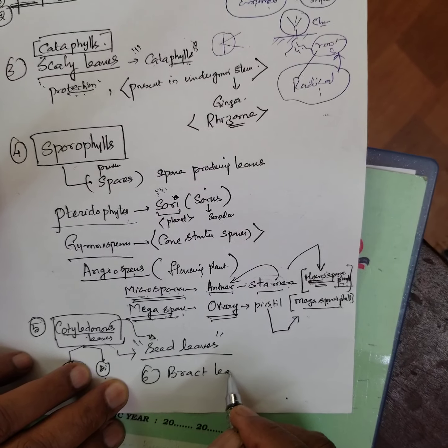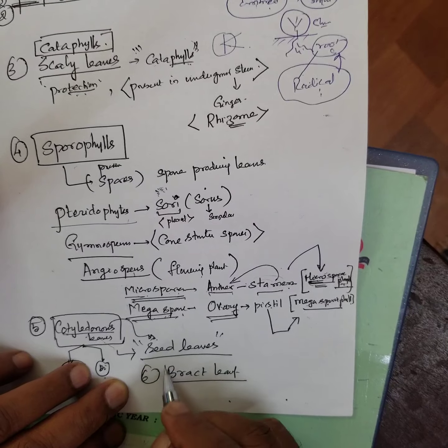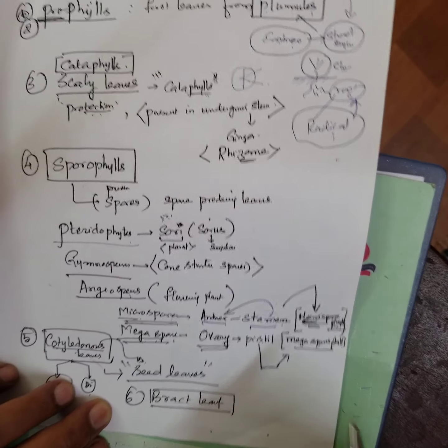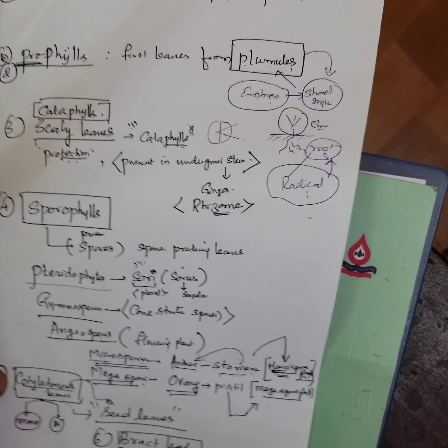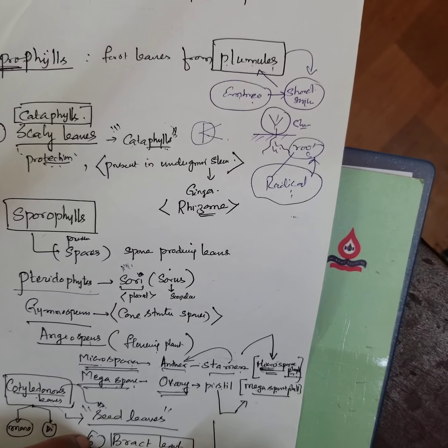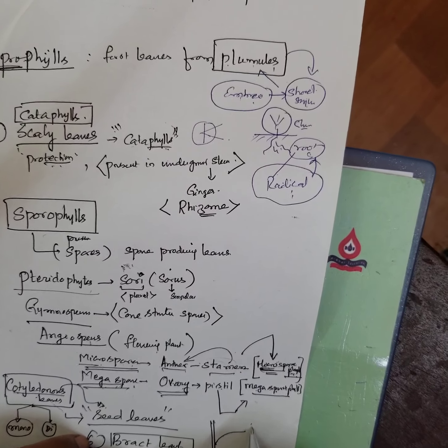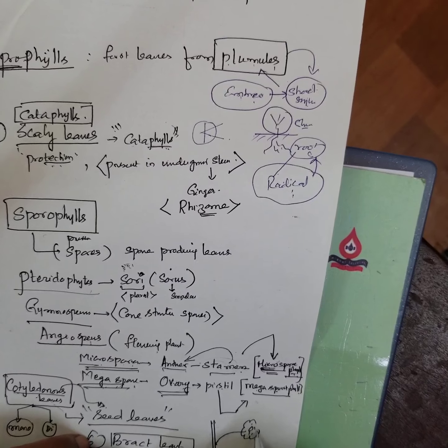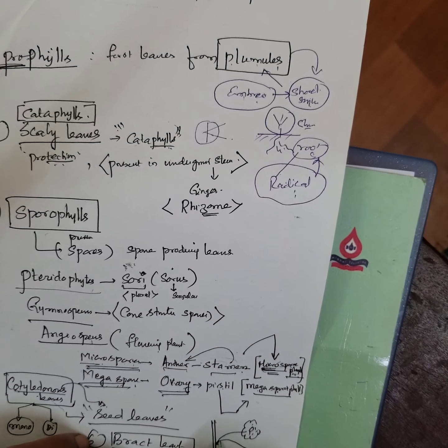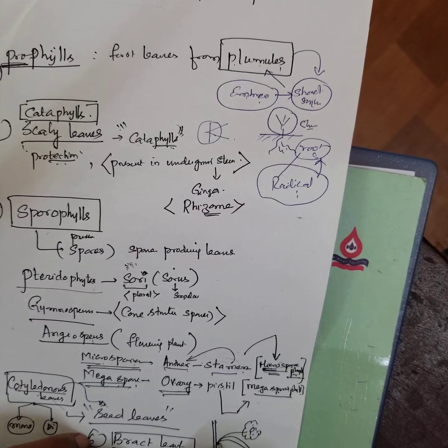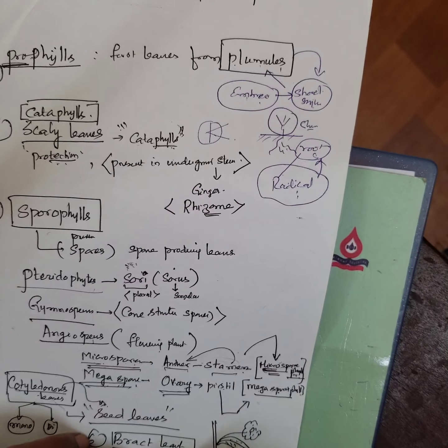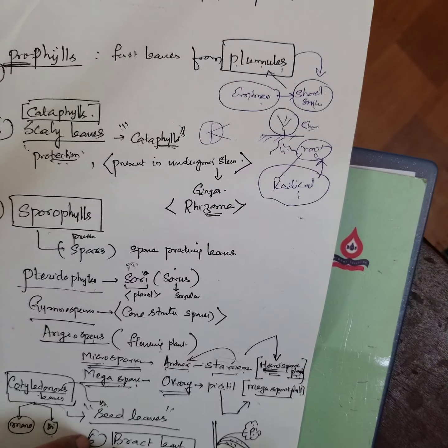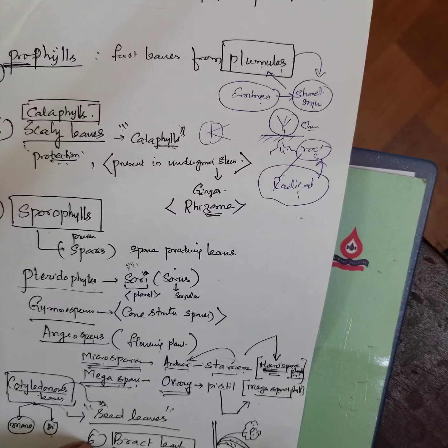Finally, coming to the last, it is called bract leaf. See, if you take a flower, right? This is a flower, and the leaf attached to this. Understood? This we call bract.